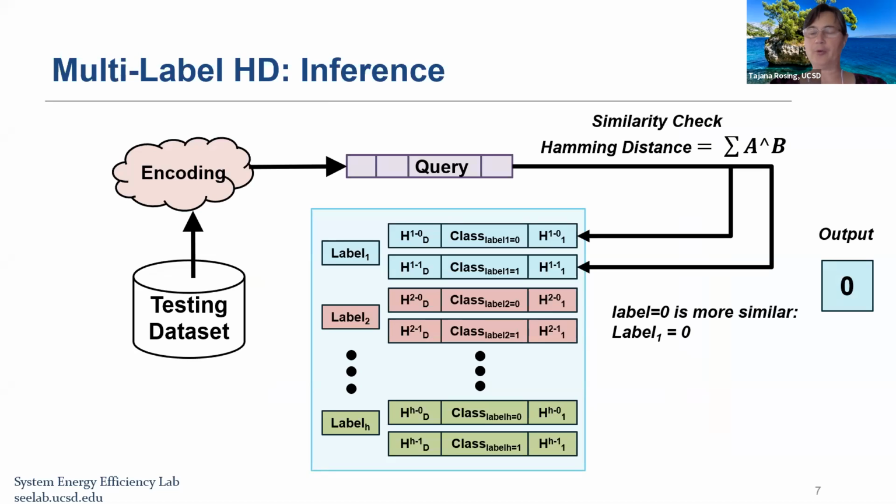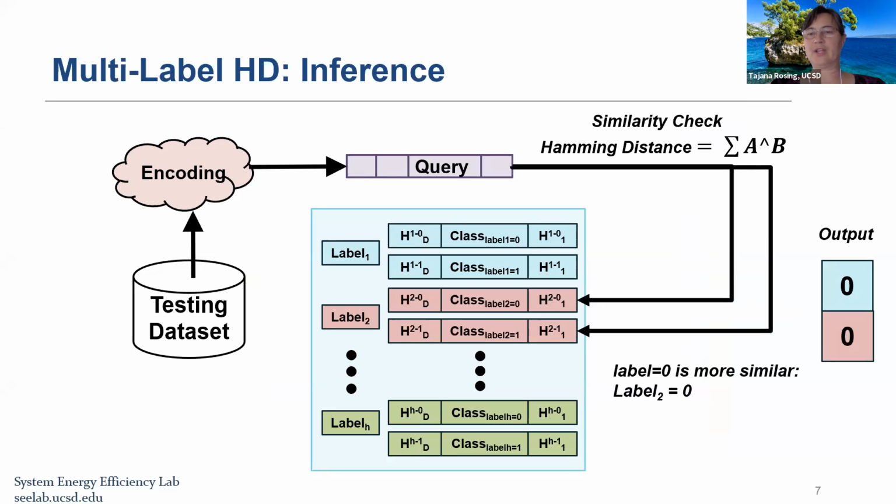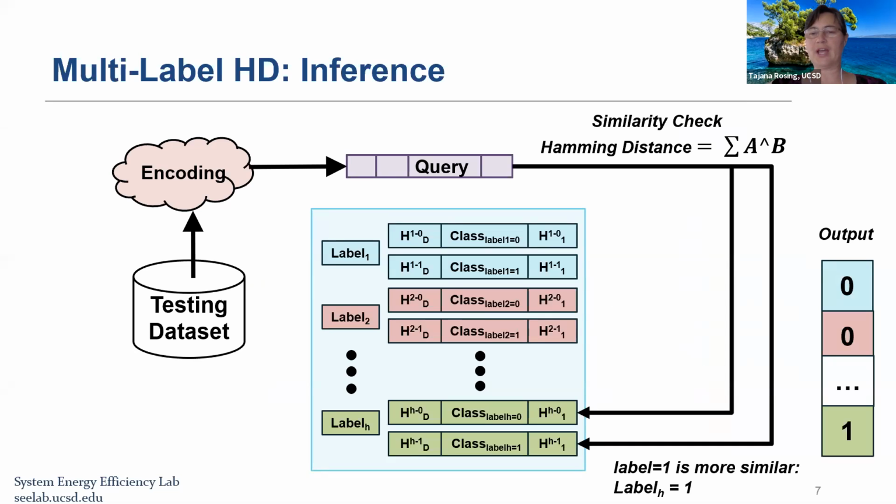Therefore, the output would be a 0. This basically tells us that that particular query was not found under the class of label 1. Then we compare to the second one, and we again find that the output is a 0. And we finally compare to the last one. And here we did find that, in fact, we matched. And this is when we output the 1.